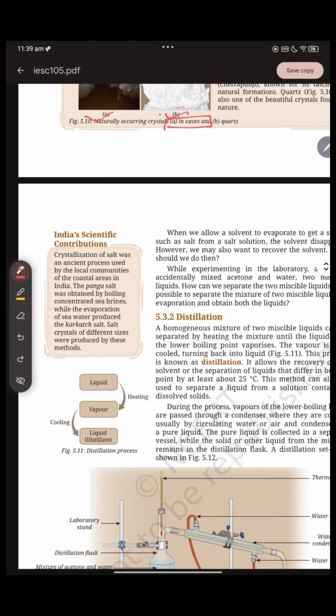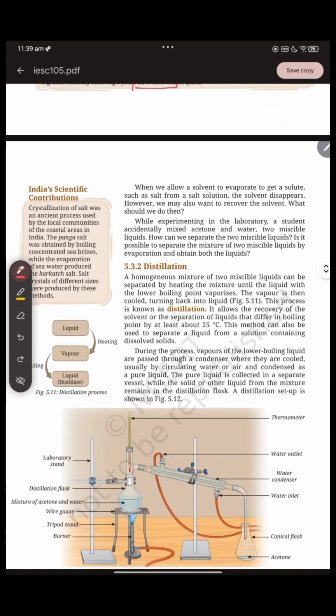Okay. Now, when we allow a solvent to evaporate to get a solute, such as salt, from a salt solution, the solvent disappears. However, we may also want to recover the solvent. What shall we do in that case? That is, suppose I want to heat it and I have a solution where the solute is here and I want to remove the solute from the solvent.